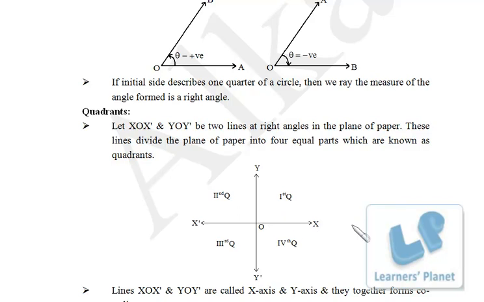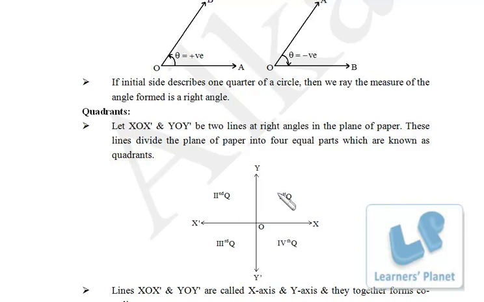Okay, now next up that we have to learn is the quadrants. Last year you might have learned the quadrants in your coordinate geometry sessions, right? So this year we'll be using the quadrants in trigonometry too. So just listen to me carefully. You must be knowing that this line x dash and y dash, this is x axis, this is y axis, right? Horizontal, vertical. So horizontal axis is x axis, vertical axis is y axis, right?